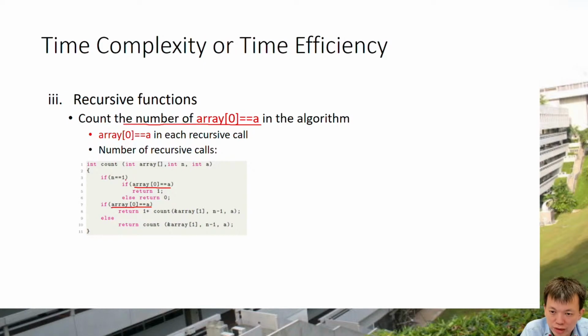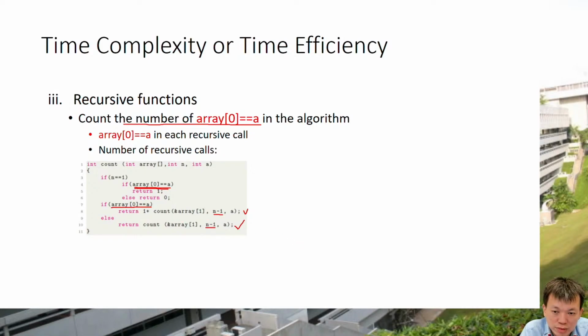If n equal to 1, I do this comparison once. When n is not equal to 1, that's when n is greater than 1, I will do this one, then go to the recursive call. Either run this line or run this line. My n will reduce by 1 recursively.